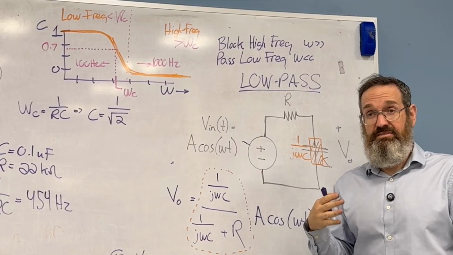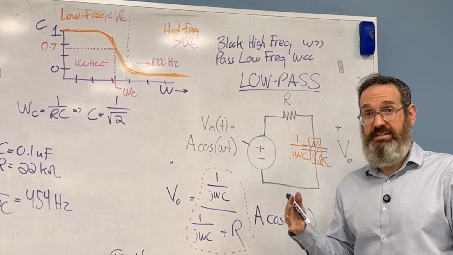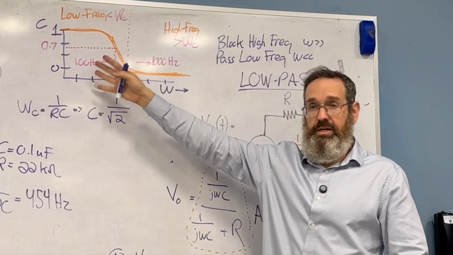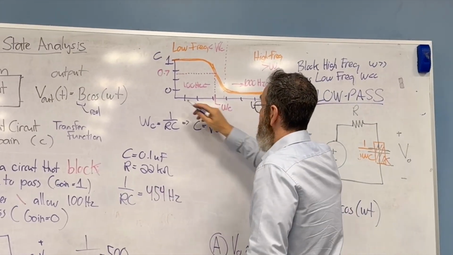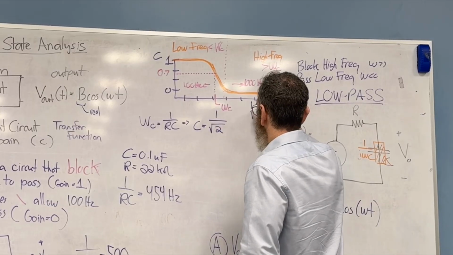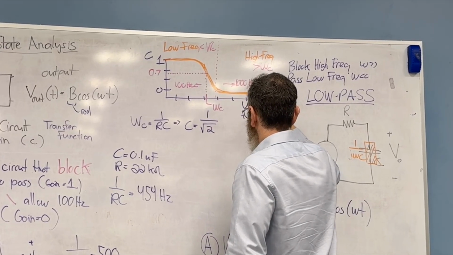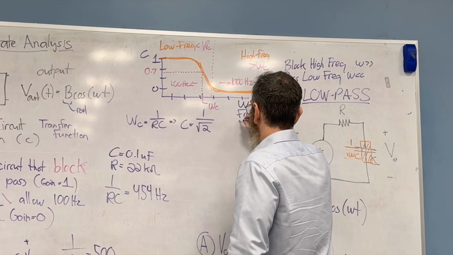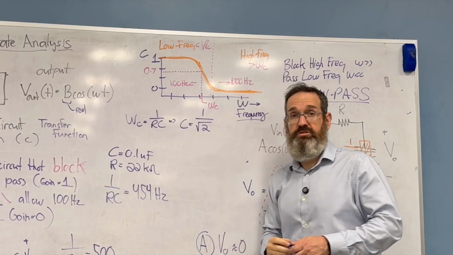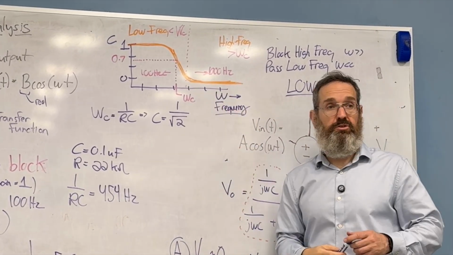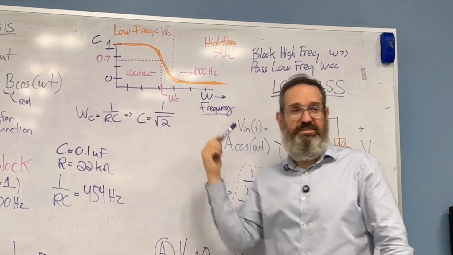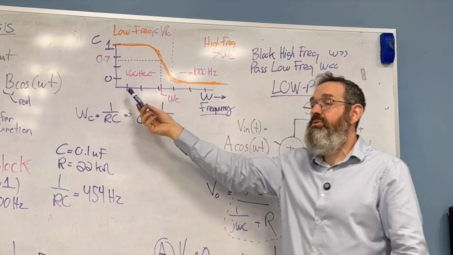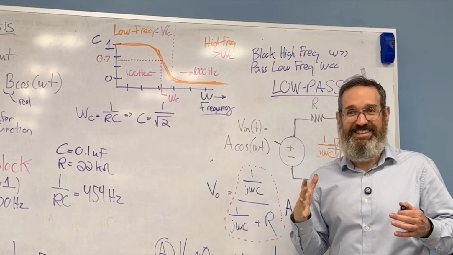When we design filters and other things with capacitors, we live in this domain. And in this axis is frequency. So a fancy word people will sometimes use is frequency domain. This is a frequency domain representation of the circuit because frequency is plotted on the x-axis.